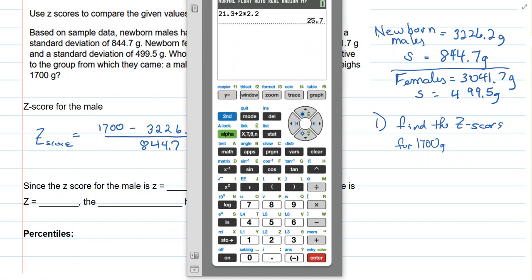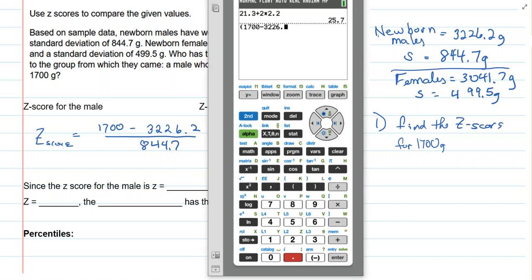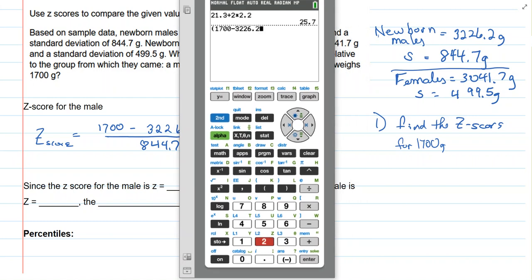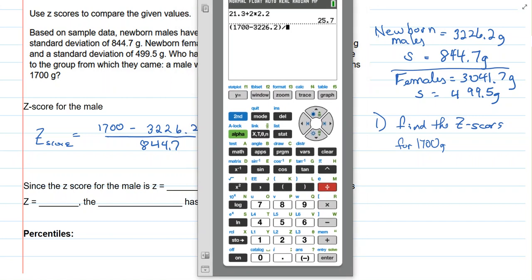Okay. As we do the male, we're going to start with the parenthesis and do the 1,700 for the data, minus 3226.2, close parenthesis, divided by, and we're doing the standard deviation, which was 844.7.